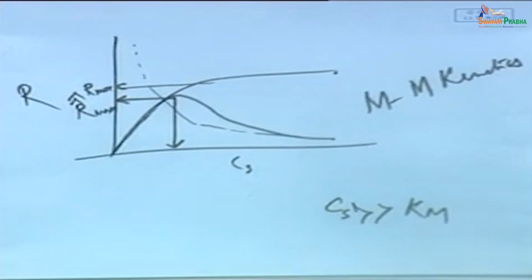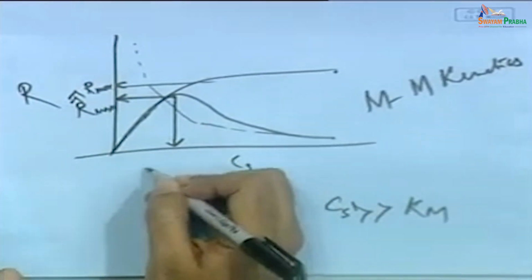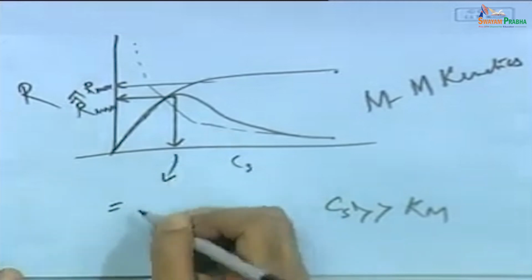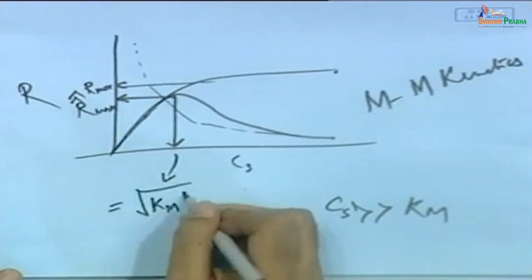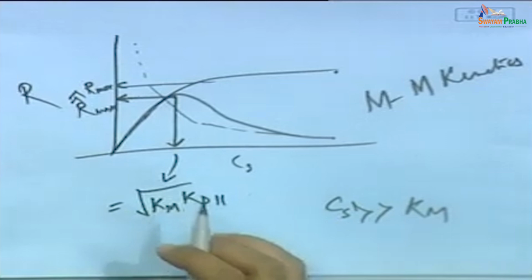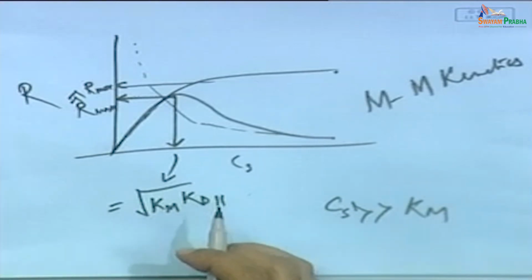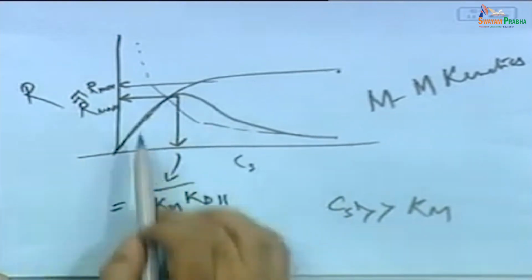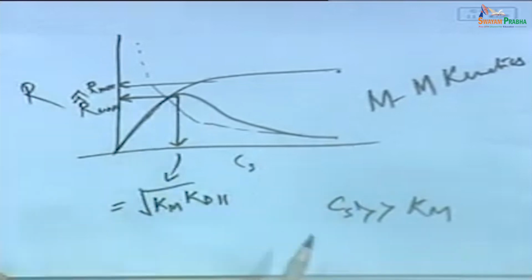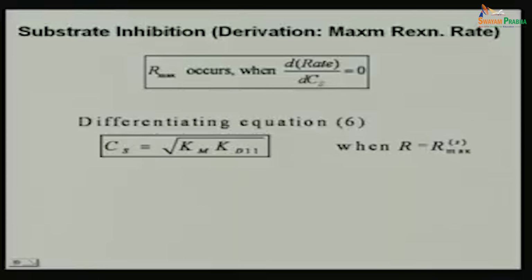And what you will figure out is that the maximum rate occurs at a Cs value equal to the square root of... okay. When you take the derivative, equate to 0, and do the rest of the algebra, we are skipping that here, there's a little bit of algebra there, you'll figure out that Cs equals the square root of Km times Kdii.